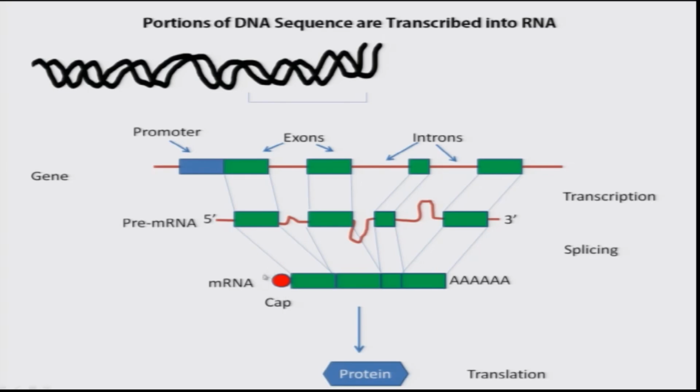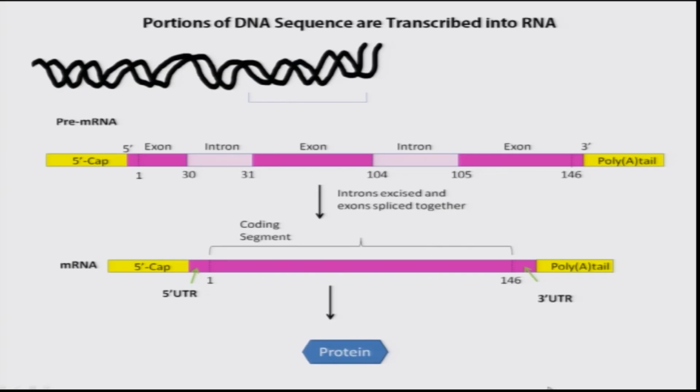There is a cap modification that takes place at the 5' end of the RNA, and then a poly A sequence is added at the 3' end of the RNA, and this RNA gets to the cytoplasm, where the information is processed, and then you form what is known as protein via the process of translation. This happens using a very dedicated set of machinery, which involves ribosomes, tRNA, and many other factors.